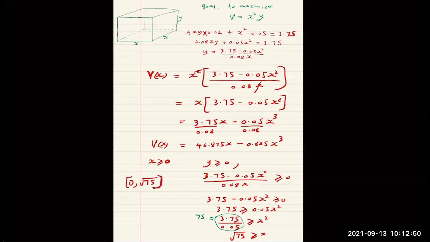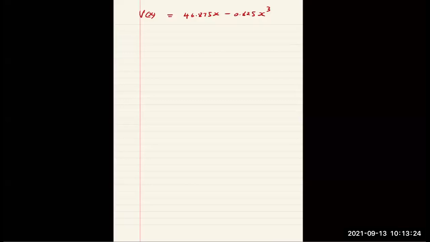So my goal is to maximize v of x on 0, square root of 75. I know that interval now, the interval of maximization. Let's do it. How do you maximize this? To maximize this, first of all, I'm going to find my critical points.